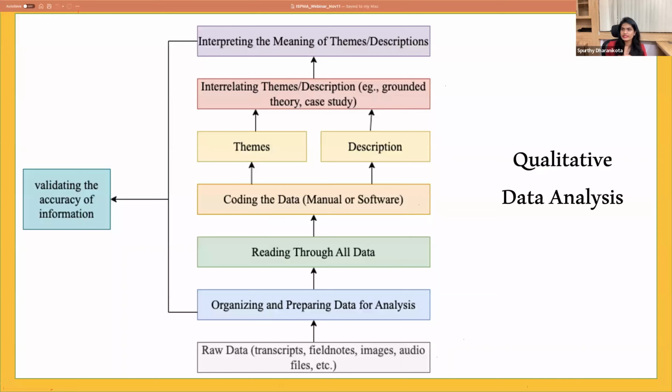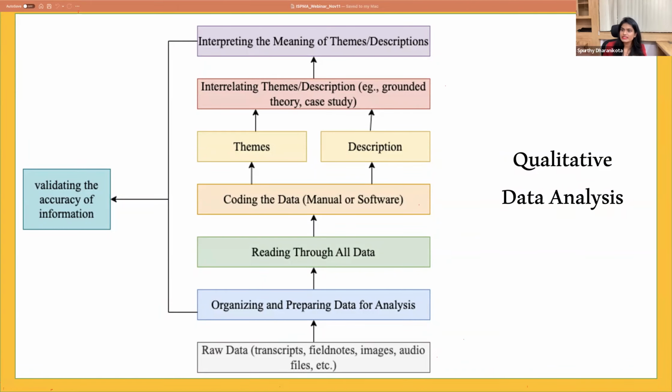And once you code your data, you identify themes in the data. So this cluster or group of people like the product for these reasons. So you identify themes and you describe those themes with unique descriptions. And then you interrelate these themes and form a theory. So what are the challenges being faced by employees at an organization? Why are the employees actually dissatisfied? Right? So dissatisfaction could be one, no monetary reward could be one, no motivation could be one.